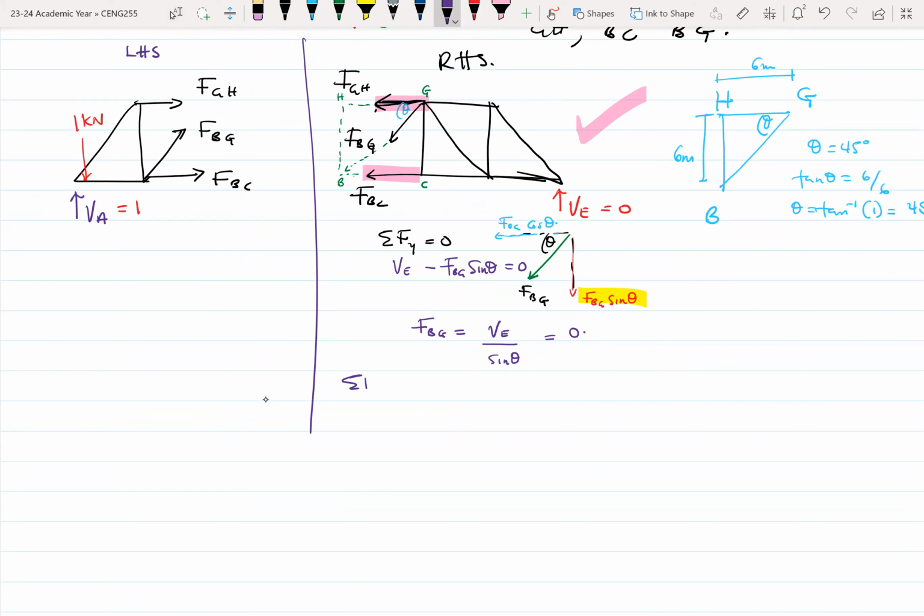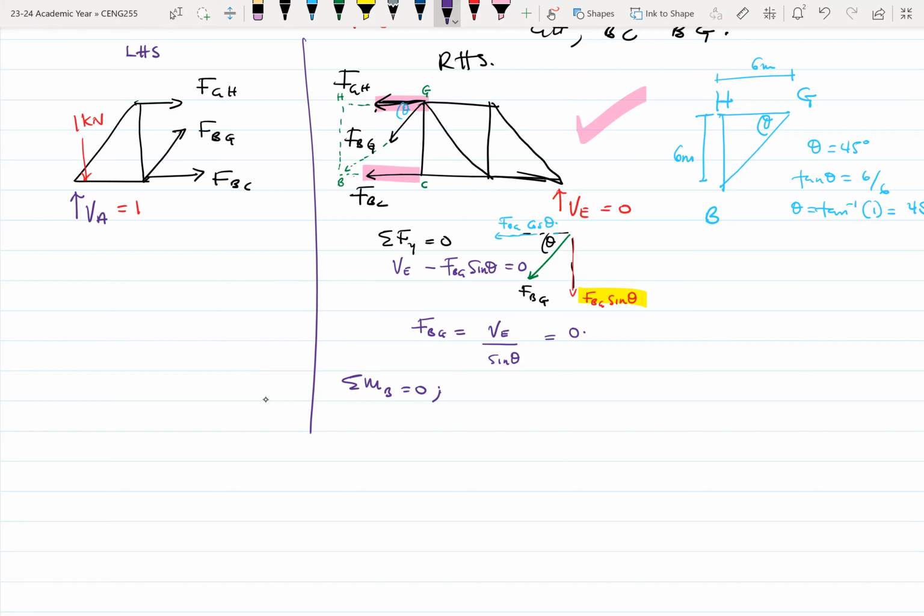So if we take moment at B, which I mentioned earlier to make things easier for us, here is where your clockwise and anti-clockwise case come in. You need to pay particular attention to how the forces can cause rotations about the point and which direction these rotations are in.